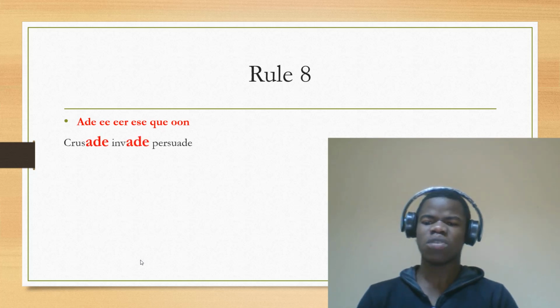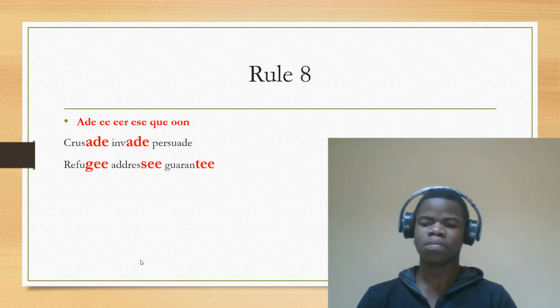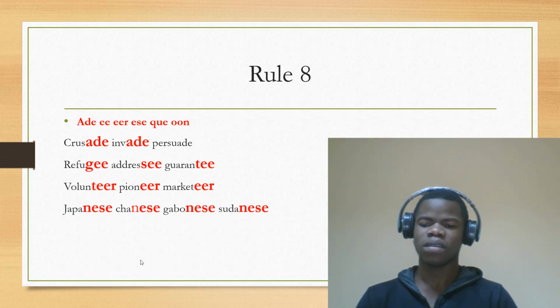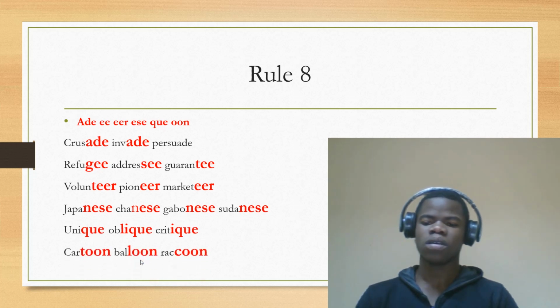The stress is on the end of the word, such as crusade, invade, persuade, refugee, receive, grantee, volunteer, pioneer, marketeer, Japanese, Chinese, Gabonese, Sudanese, unique, oblique, critique, and so on.